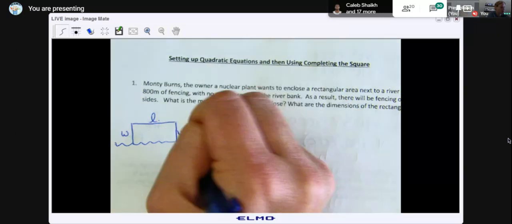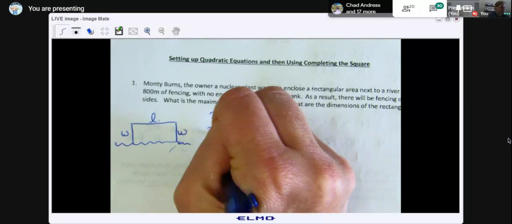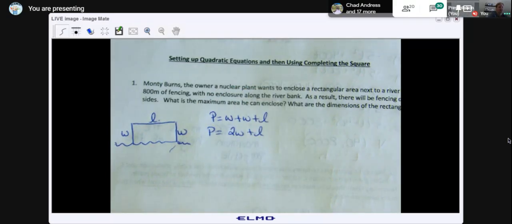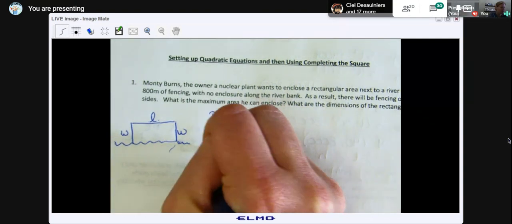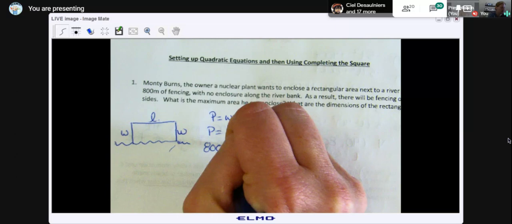Now we know how much perimeter he's got. He's got 800 meters of fencing, like so. And I'm going to rearrange it to isolate for L. We'll say 800 minus 2W equals L.